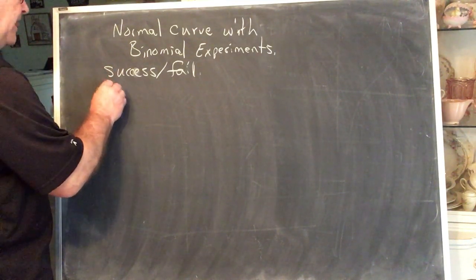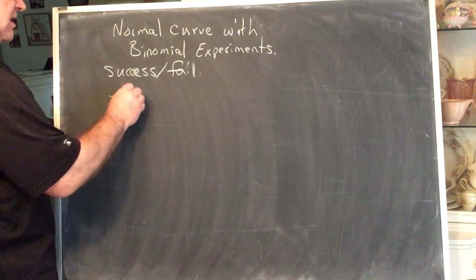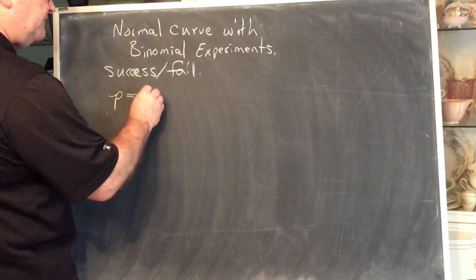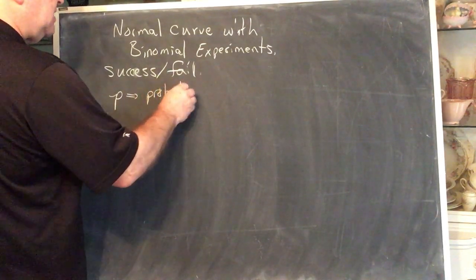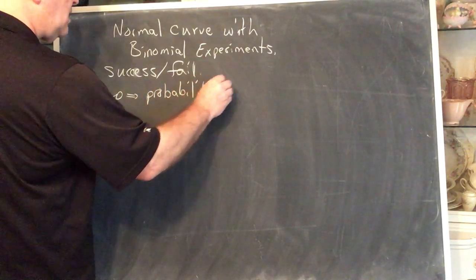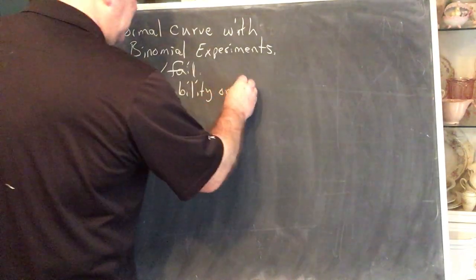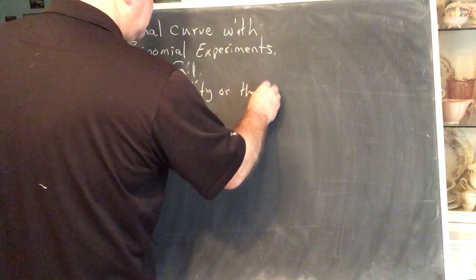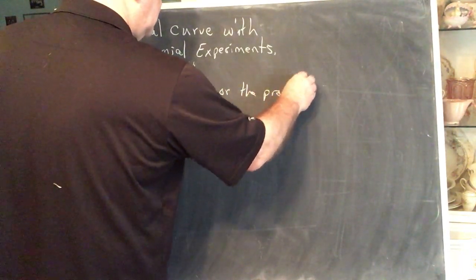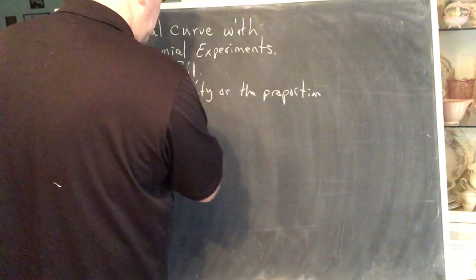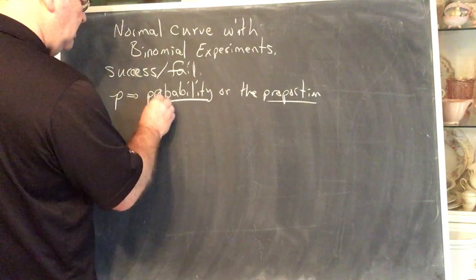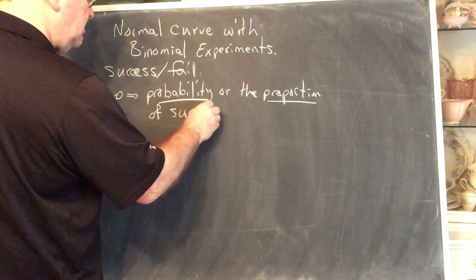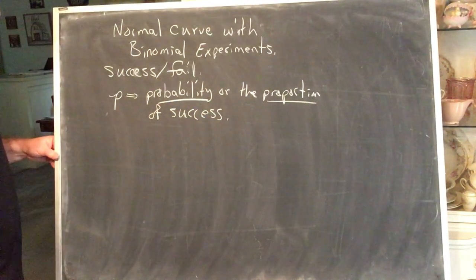Recall that P is the symbol we use to represent the probability, or we can also think of it as the proportion, of success.